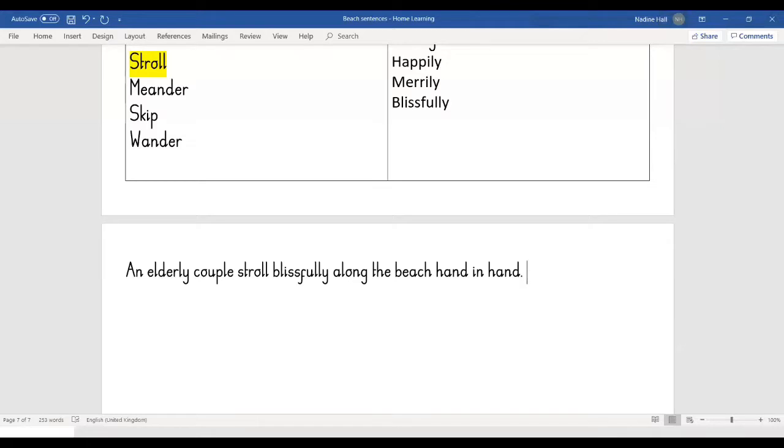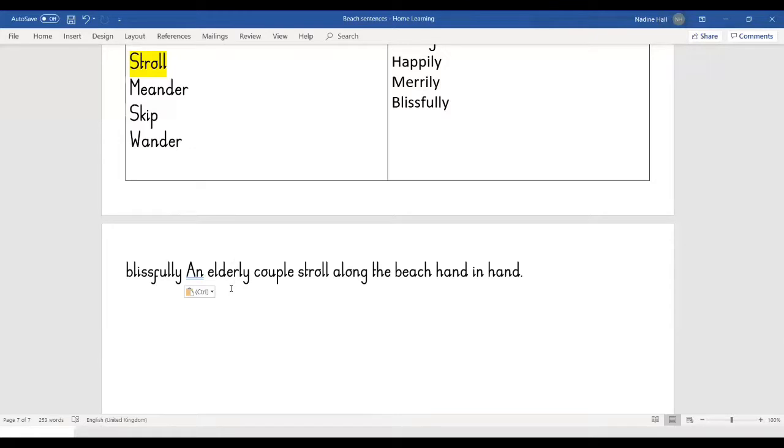Now, the great thing about adverbs is that you can move them around in your sentence and make it sound really quite posh and grown up. That's what we like in year 3, to sound really grown up. So we could take this word blissfully and we could move it to the beginning of the sentence. Blissfully, an elderly couple stroll along the beach hand in hand.